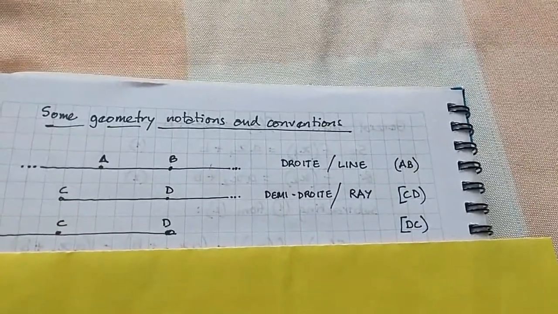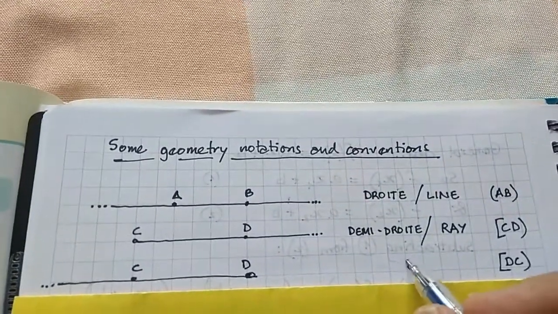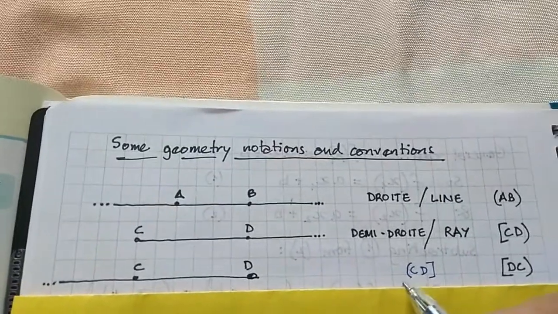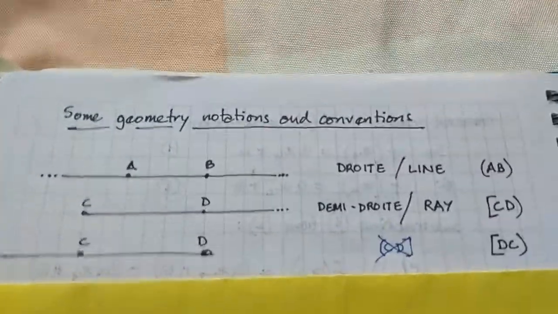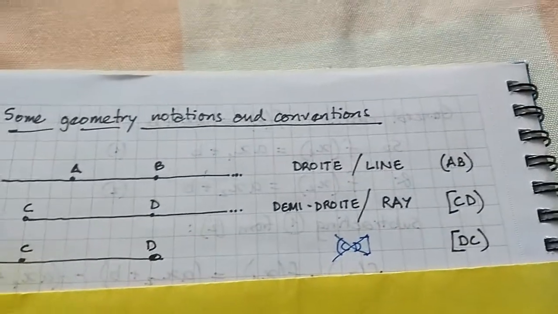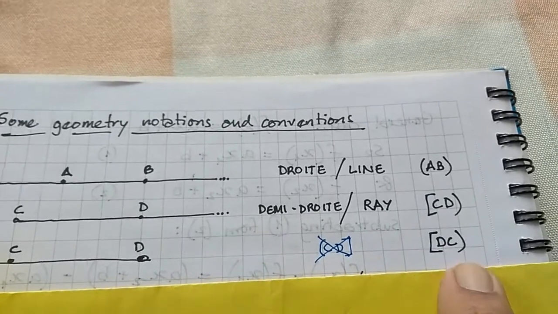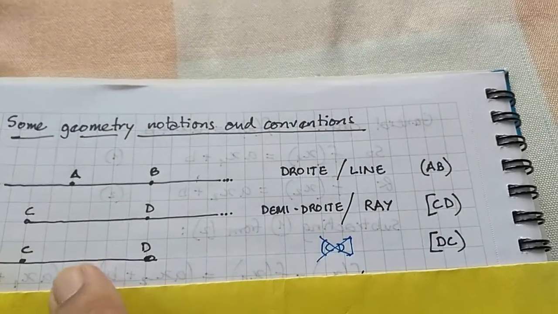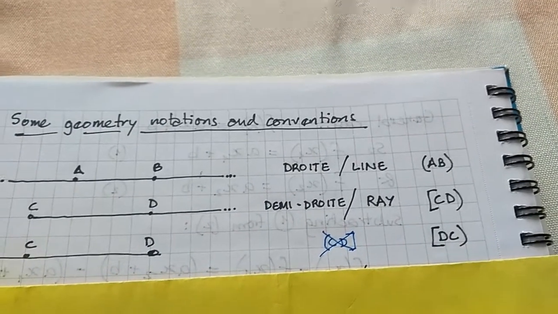You don't write it like this. Just because it's going to the left, you don't write it like this. This is wrong. You always start with the side on which the line ends. You write it like this.